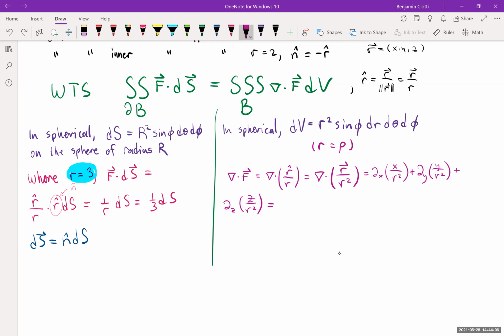Let me do some more computation here. So this is going to be low d high minus high d low, over the square of the denominator. The derivative with respect to x of r squared equals 2x.